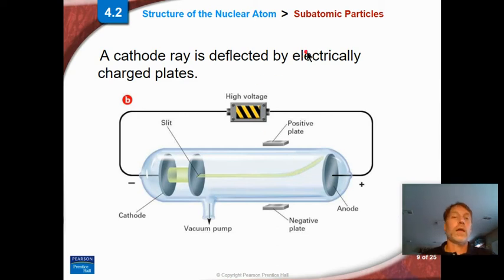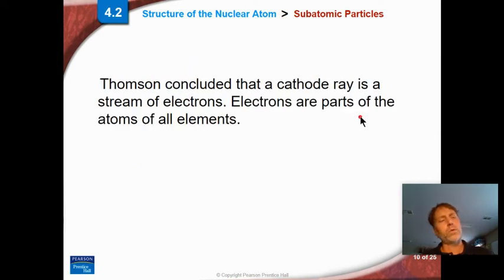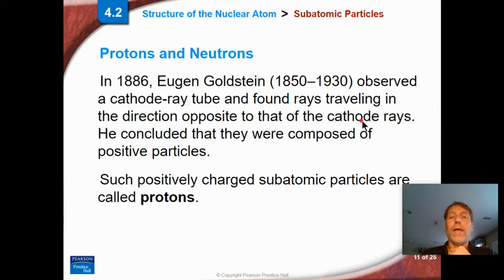So he called that an electron because it was electrically induced here by this voltage current. That was his discovery of the electron, a negatively charged particle. We'll learn later that it's not really a particle, but for now we can call it a particle. So he concluded that a cathode ray is a stream of electrons, and that electrons are parts of all elements.